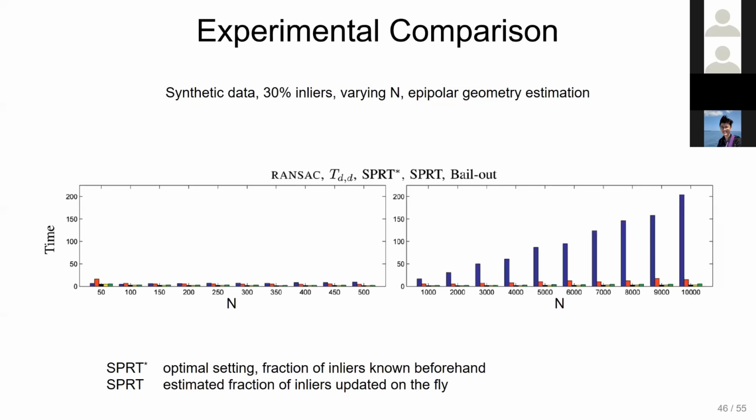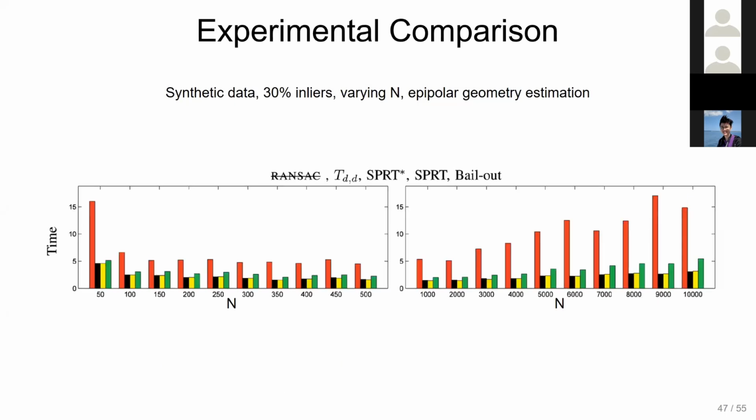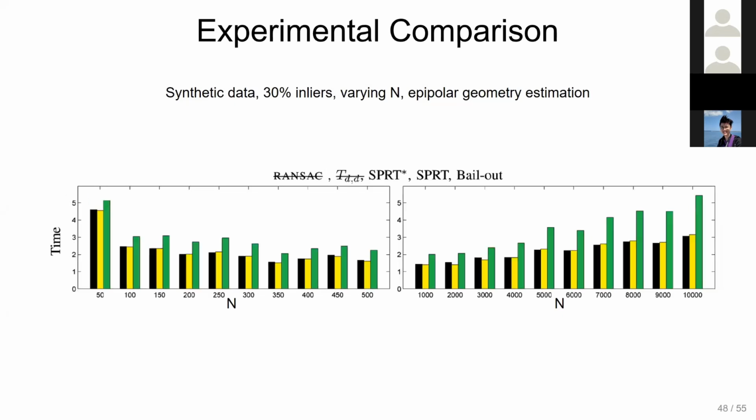So if we have a look at the same numbers, just rescale it and drop RANSAC, you can see that the T(d,d) test, T(1,1) test, even though very simple, is doing reasonably well, but not as good as the other tests. And if you drop that one as well, then you can see that the optimal randomized verification is doing the best.